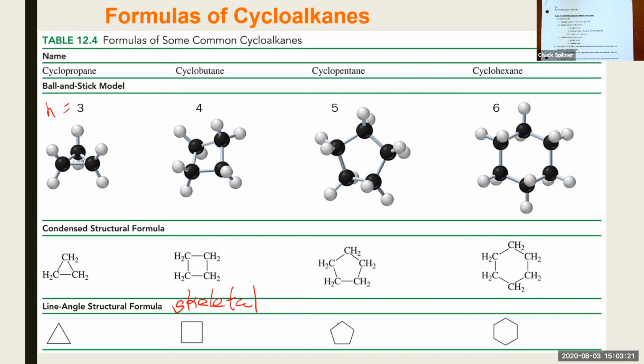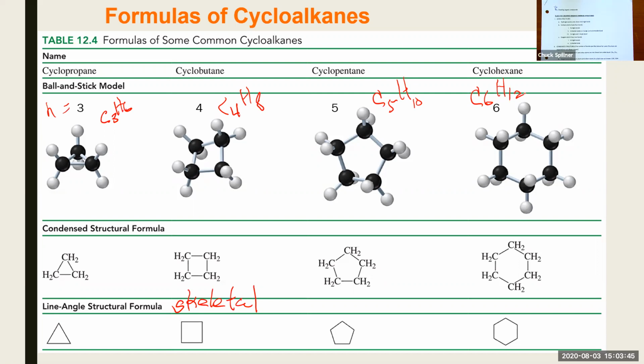I wanted to write the formulas of each of these. So this first one is C3H6. The second one is C4H8. And the third one is C5H10. And the last one is C6H12.